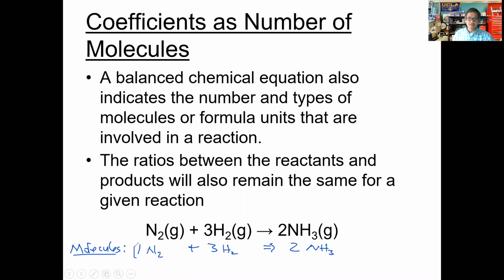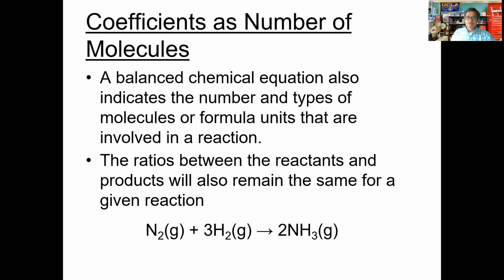And if you add these up, we have 4 total molecules on the left, and we only have 2 molecules on the right. The number of total particles does not add up. The number of atoms should add up, but the number of molecules, total particles, will not.